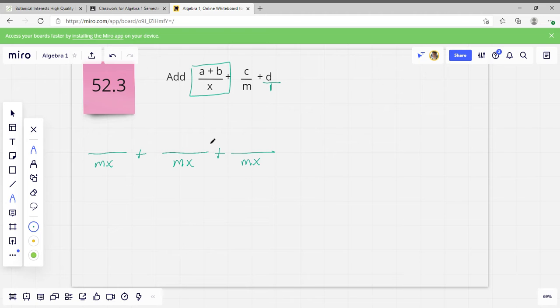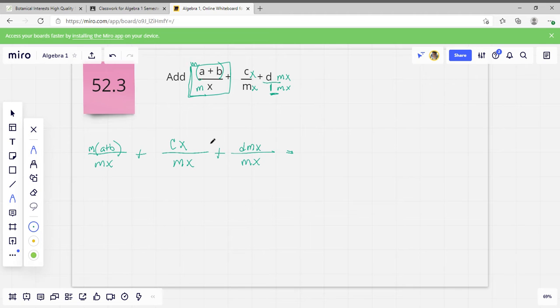Okay, so for this one, we're trying to get mx, so we have to multiply times m, so we got to multiply the whole top times m. So it'll be m times a plus b. This one, we're trying to get mx, so we got to do x on the top, so that'll be cx. This one, we need the m and the x, because that's just 1 right there. So that'll be dmx.